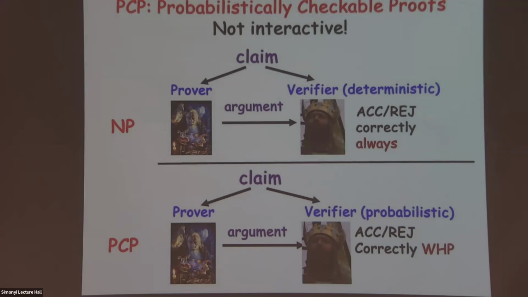But we put a really very severe restriction on this verifier, because no matter how long the argument is, the 100-page proof, we allow it to look at 20 bits of this proof only, and use only them to determine whether the proof is correct or not.